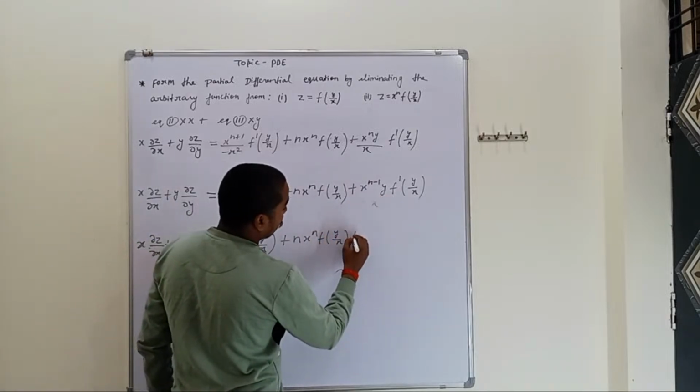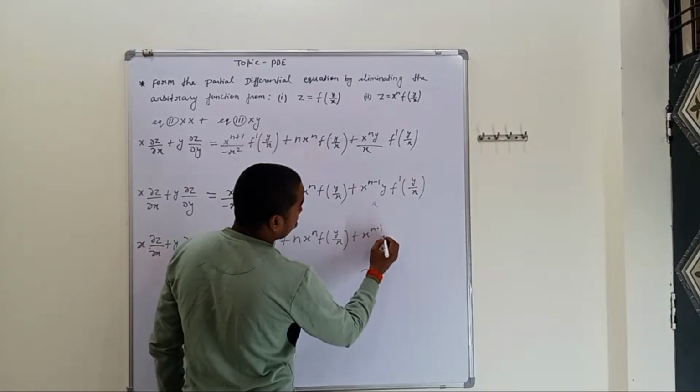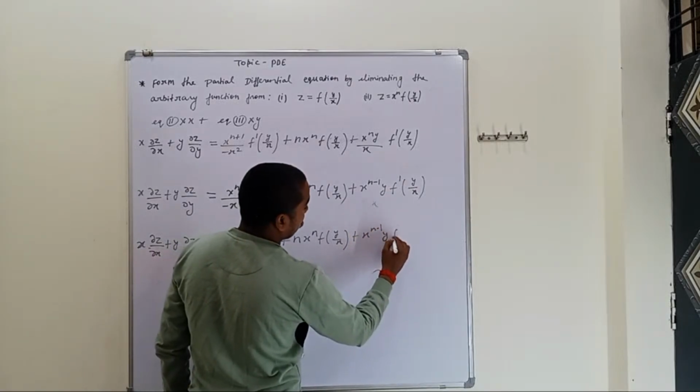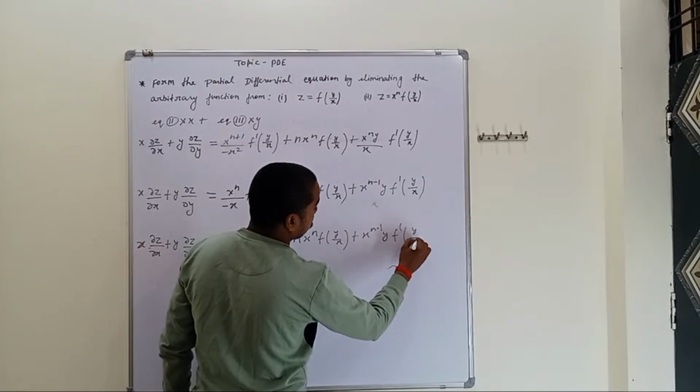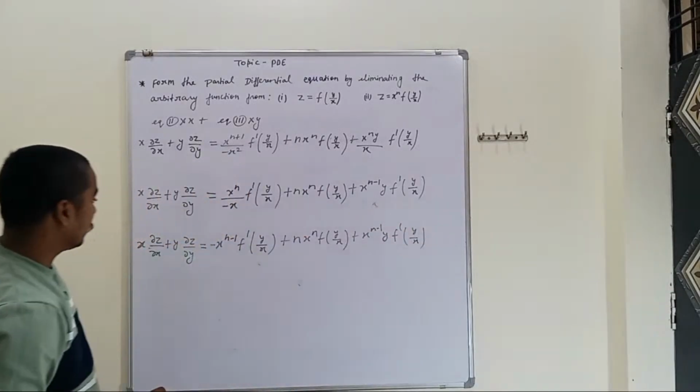This is also x^(n-1) y f dash y by x. We have to eliminate x^(n-1).